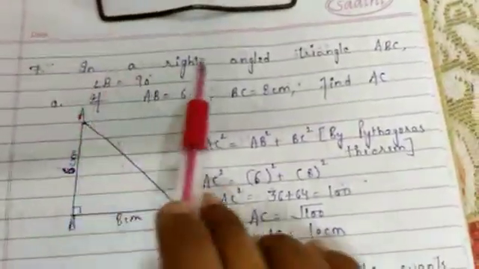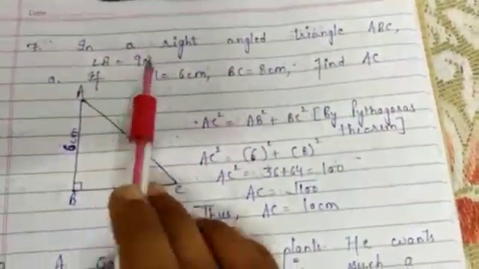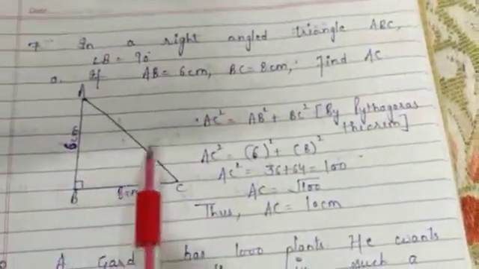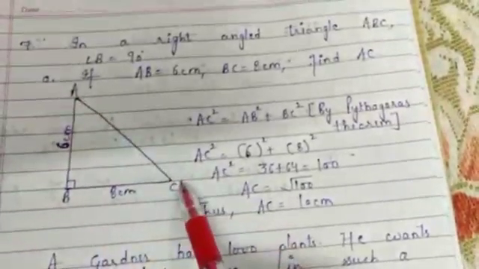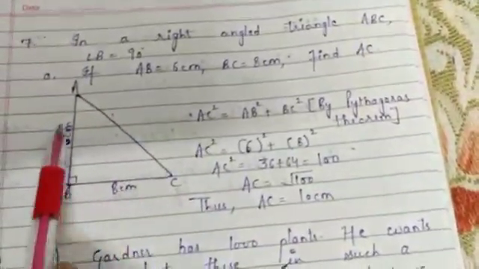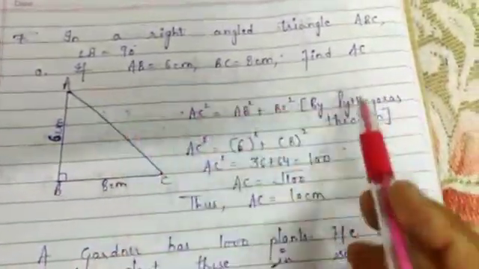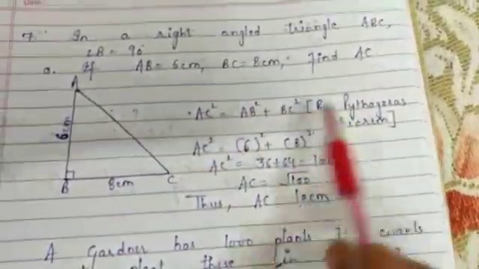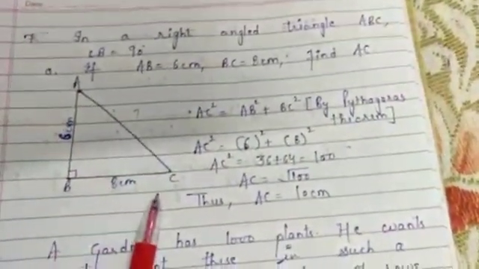Sum number 7. In a right angle triangle ABC, angle B is 90 degree. AB is 6, BC is 8 and we have to find AC. It means the base and the perpendicular are given, and we have to find the hypotenuse. So we will apply the Pythagoras theorem here. AC square is equal to AB square plus BC square.